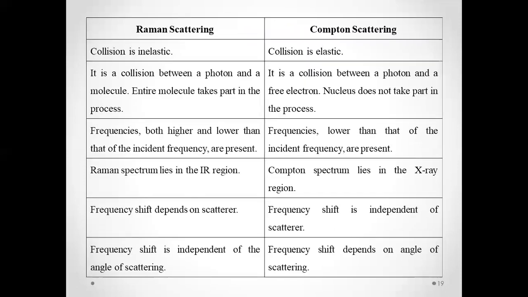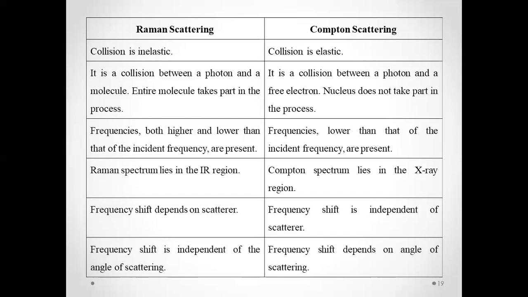Now we shall also try to distinguish the Raman scattering from the Compton scattering. In Raman scattering, the collision is inelastic, but in Compton scattering, the collision is elastic in nature.